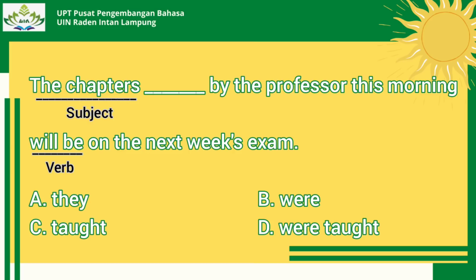If you choose B, this sentence will be grammatically wrong because were should be followed by a noun, adjective, or past participle. If you choose D, this sentence will have double verbs, were taught and will be. Therefore, the best answer is C, taught, which functions as an adjective in the sentence.